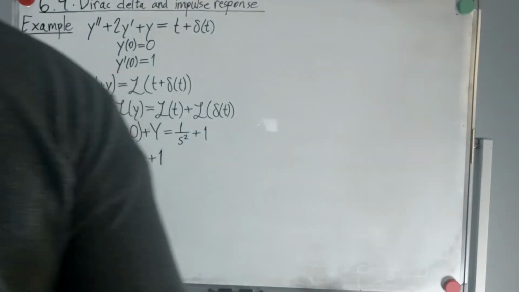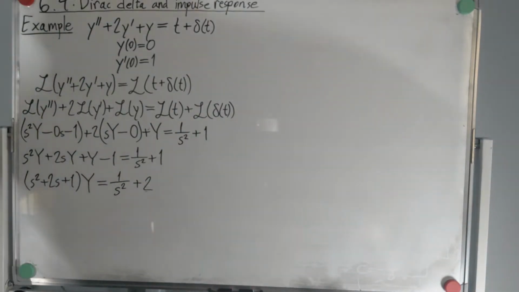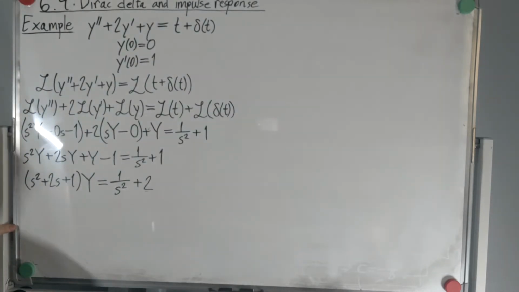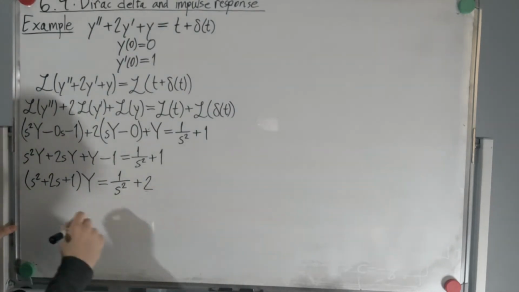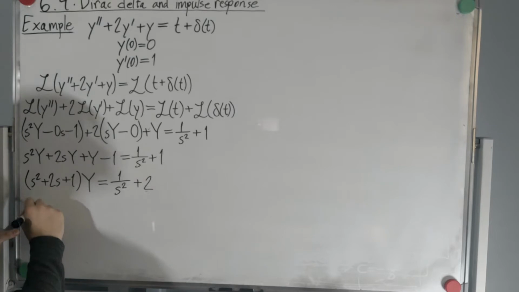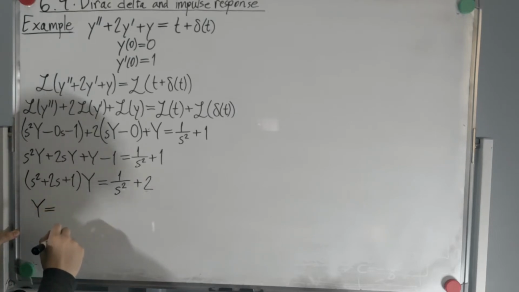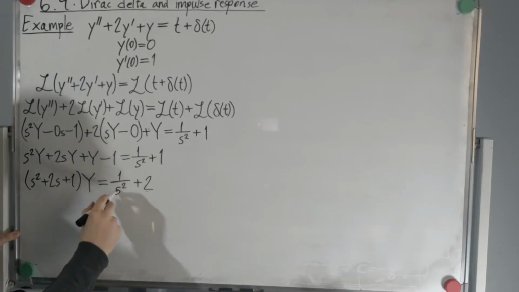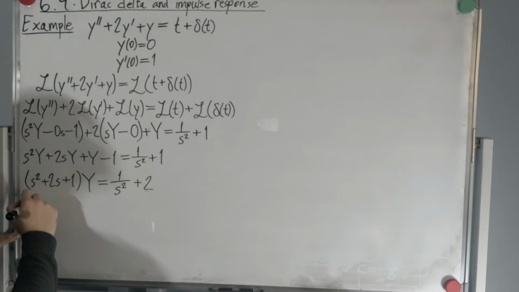Now, s squared plus 2s plus 1 can be factored into (s plus 1) squared, and then we can move that over to the right-hand side. But first I'd like to find a common denominator between these two things.